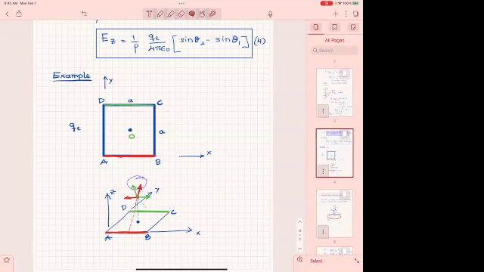Okay? And as a matter of fact, the interesting thing is the strongest component. So a lot of times when we look at the electric field from this square, we look at that vertical component and not necessarily the horizontal one.